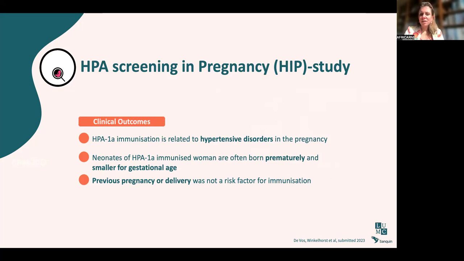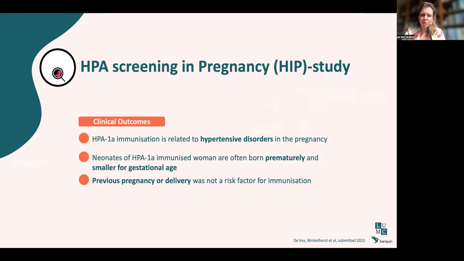The incidence we in total found of HPA-1a negative pregnancies was 11 in 10,000. Lastly, on clinical outcomes, there are studies that found a correlation with miscarriages and intrauterine fetal demises.